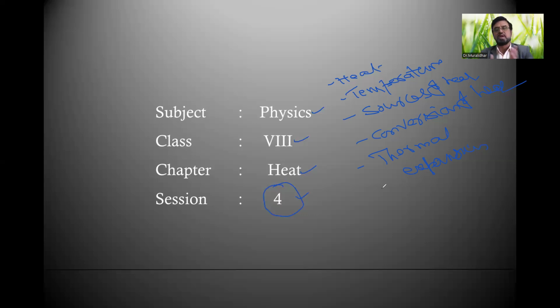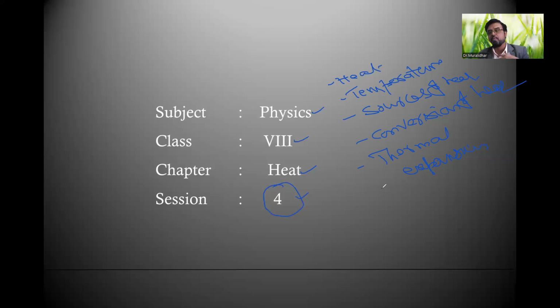This heat can be converted into various forms, or you can get heat from various forms. For example, when you pass electricity to an iron box, we produce heat, the heating effect of electricity. Room heaters, water heaters, geysers and electric stoves all produce heat from various sources of energy.